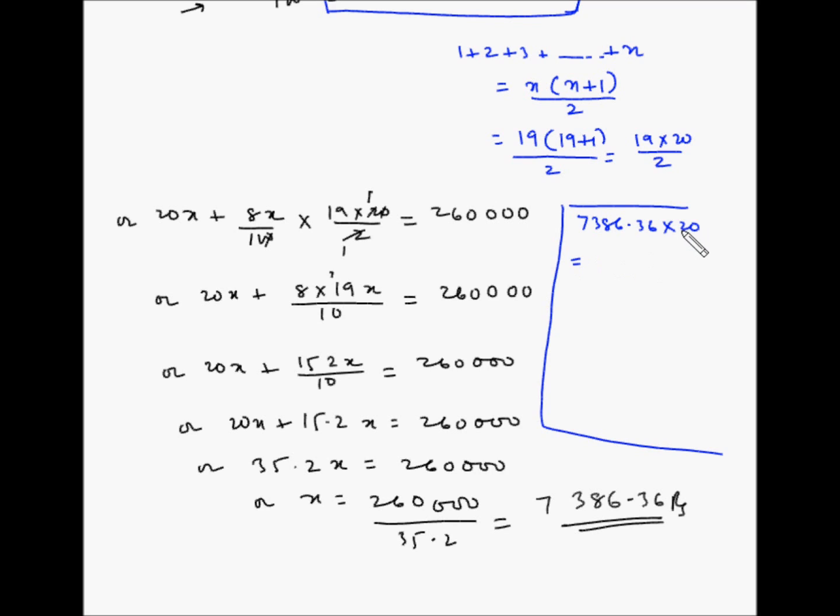So let's see. 6 2s are 12, 1 carry over, 3 2s are 6, plus 1 is 7, 6 2s are 12, 1 carry over, 8 2s are 16, plus 1 is 17, 1 carry over, 3 2s are 6, plus 1 is 7, 7 2s are 14, and then 1 0, and then 2 decimal places. So this becomes 147727.2.